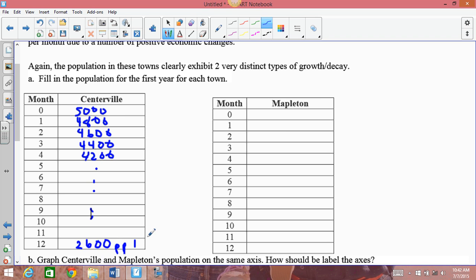So Mapleton, on the other hand, still started out with a population of 5,000 people. They're experiencing growth at a rate of 10%. That percentage should be your cue that, hey, this is exponential. If you recall from back in Unit 2, you had a formula where you had the original amount plus or minus the percent times the original.